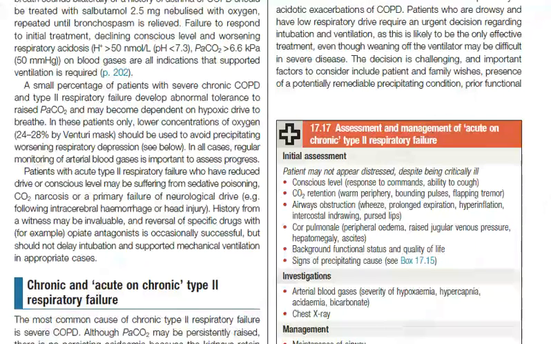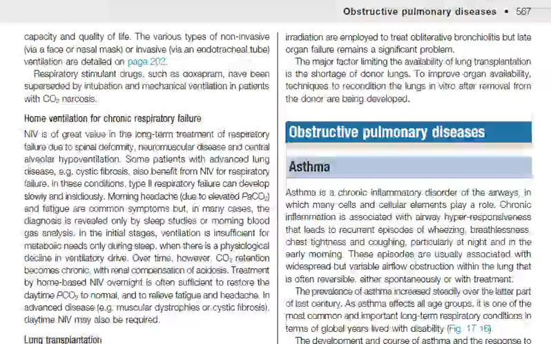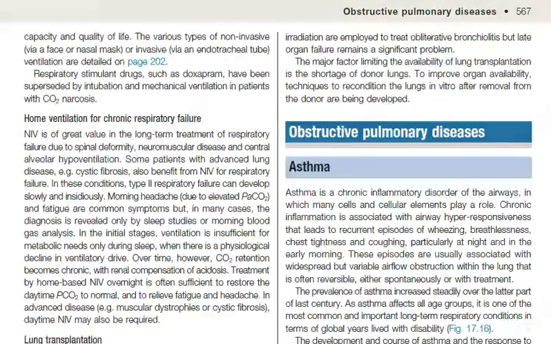The decision is challenging, and important factors to consider include patient and family wishes, presence of a potentially remediable precipitating condition, prior functional capacity, and quality of life. The various types of non-invasive ventilation, via a face mask or nasal mask, or invasive via an endotracheal tube, are detailed on page 202.